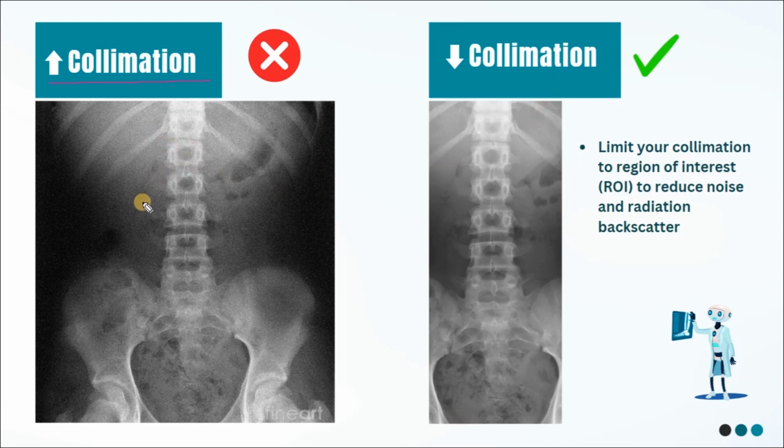You can see on the left side how noisy the image is, and on the right side you have a clear, perfect radiograph. So remember to limit your collimation to the region of interest, to reduce noise, and also to reduce radiation backscatter and consequently radiation dose to the patient.